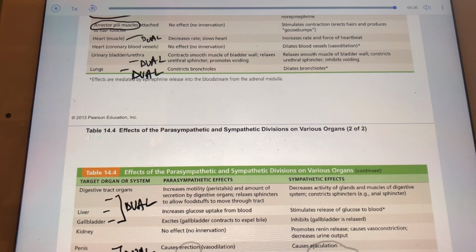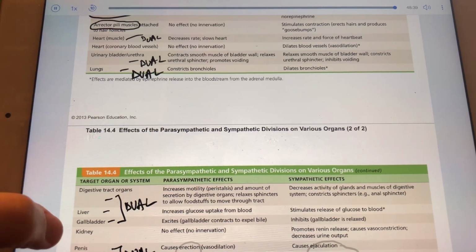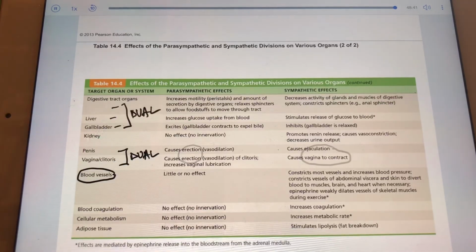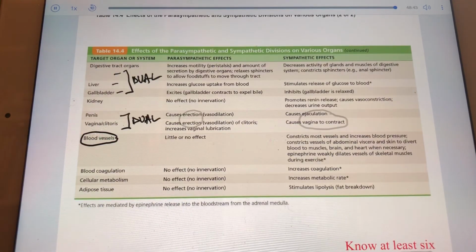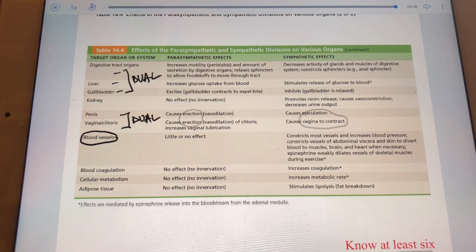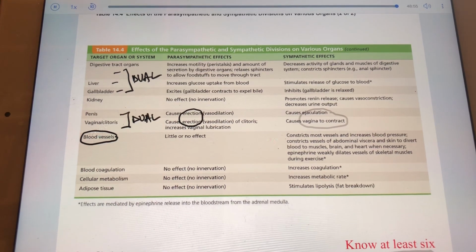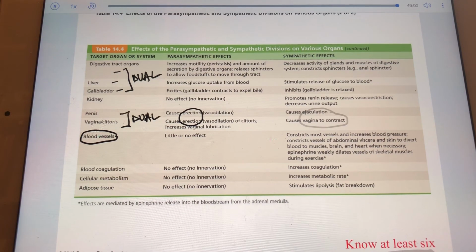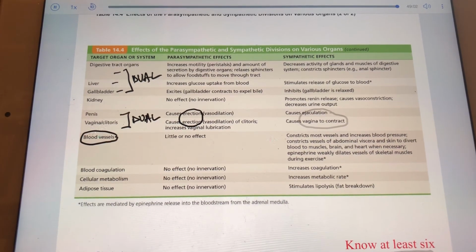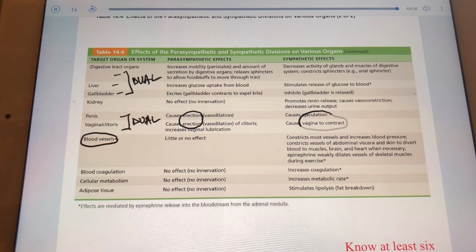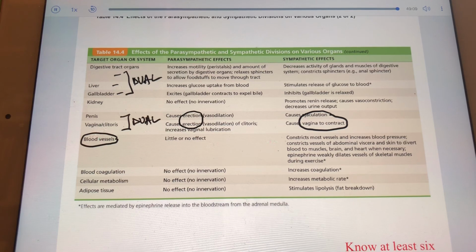Okay? The one thing that I want to point out here on slide 34, which is really, really interesting and I think counterintuitive. Erection, in both males and females who have erectile tissue, is overseen by the parasympathetic system, whereas ejaculation, orgasm, okay, is overseen by the sympathetic system.